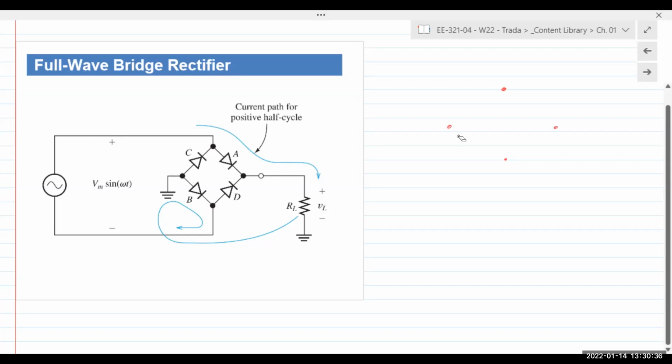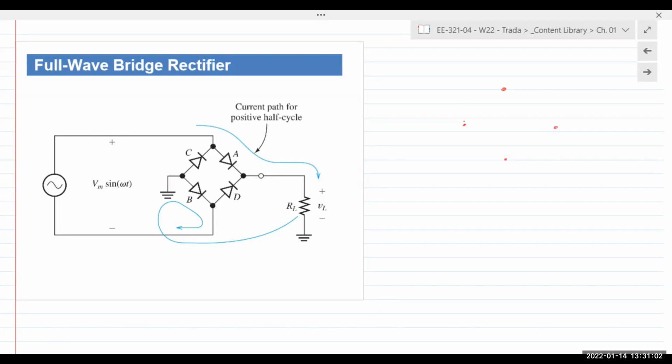If you look at the circuit diagram, you would see that there are 2 nodes where the 2 anodes meet together and the 2 cathodes come together. Those are your output terminals. The place where the 2 cathodes come together is the positive output, and the place where the 2 anodes come together is the negative output.